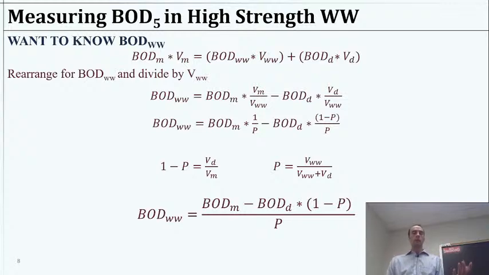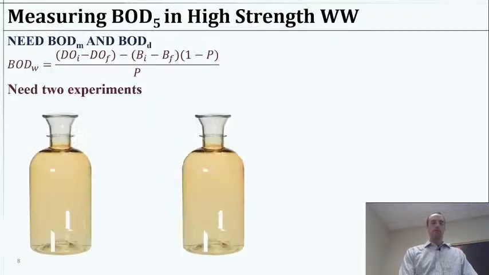That's pretty convenient, and you will have this equation on your formula sheet as well. So I just wanted to show we can get a value specifically for BOD of our wastewater given all that.